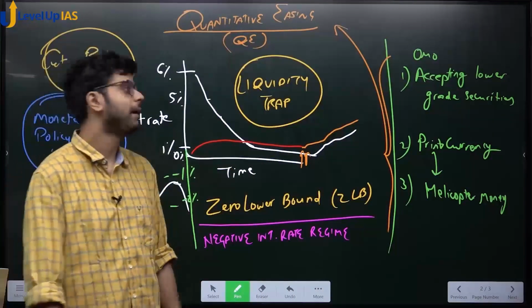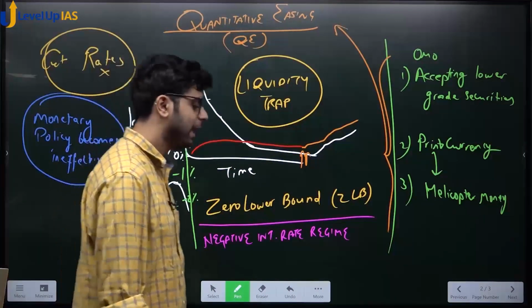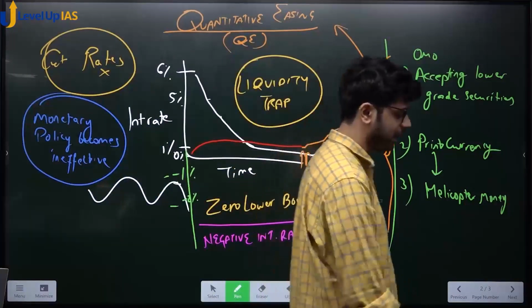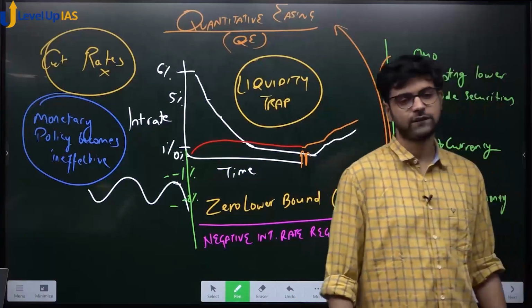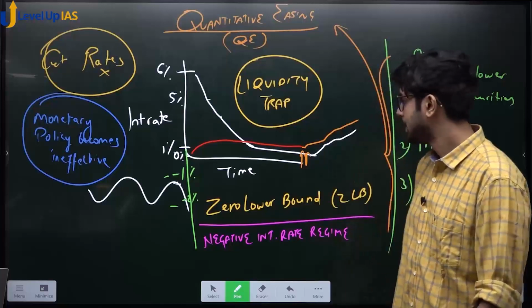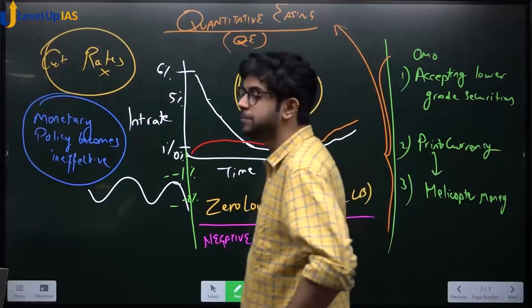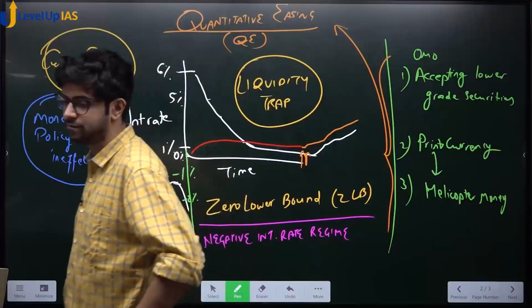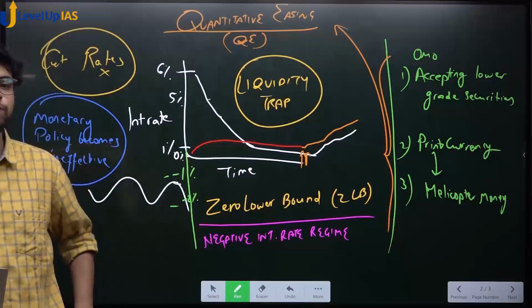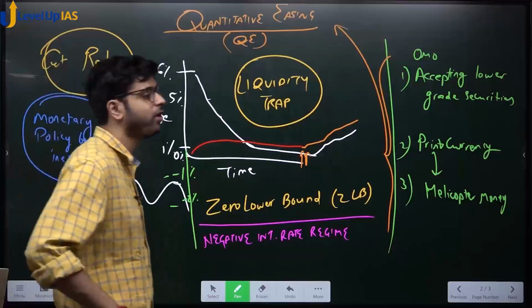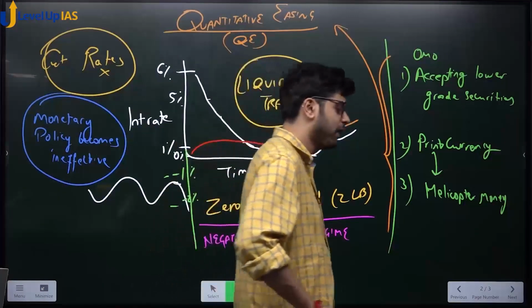Of course it happens in real life. Absolutely it happens in real life. Negative interest rate regime happens in real life. If you were here, I would have asked you which country follows a negative interest rate regime regularly. But you are not here, so I can't ask you.